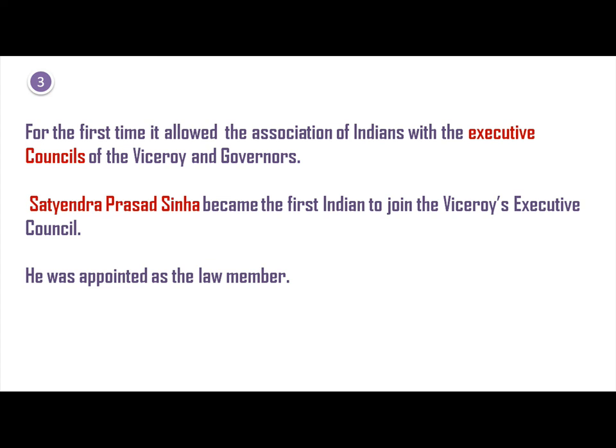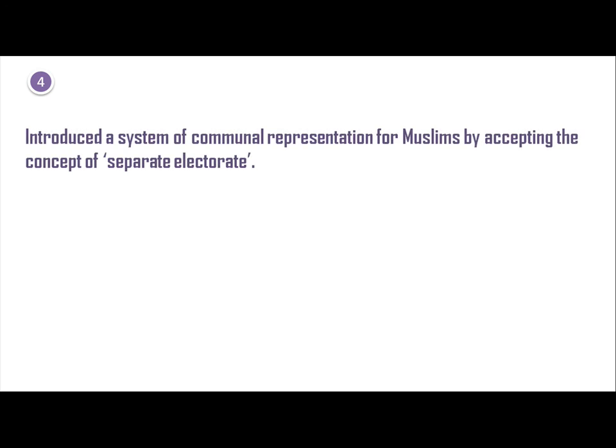So the Association of First Indians were allowed in the Executive Council in which act? In Indian Council Act of 1909. Got it? So in 1909, one more thing has happened which is very, very important. So let's talk about that.